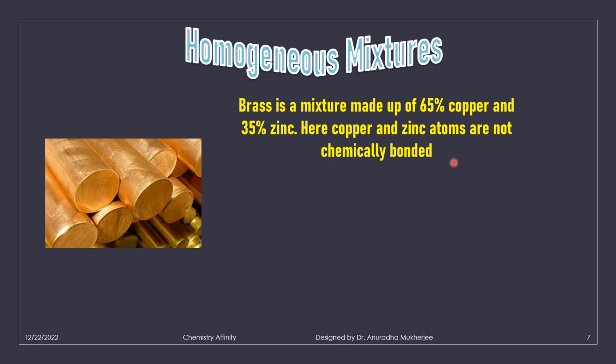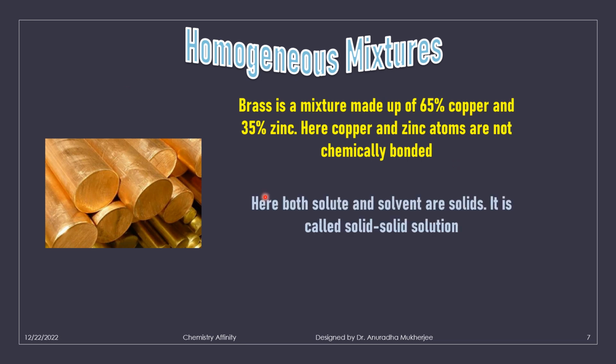This is the point I have already explained in my previous video, the main difference between a pure substance and mixture. Mixtures contain more than one element or compound, but they are not chemically bonded. That is called the mixture. So copper and zinc atoms are not chemically bonded in the brass. That's why brass is a homogeneous mixture.